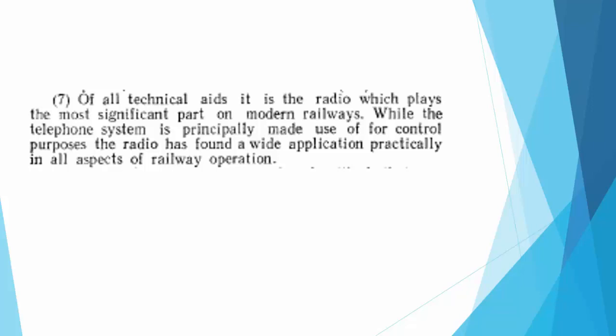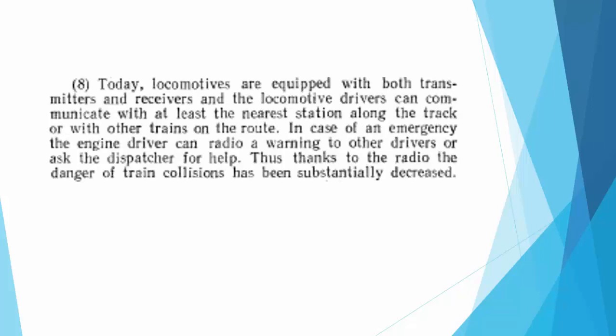While the telephone system is principally made use of for control purposes, the radio has found a wide application practically in all aspects of railway operation. Today, locomotives are equipped with both transmitters and receivers, and the locomotive drivers can communicate with at least the nearest station along the track or with other trains on the road.